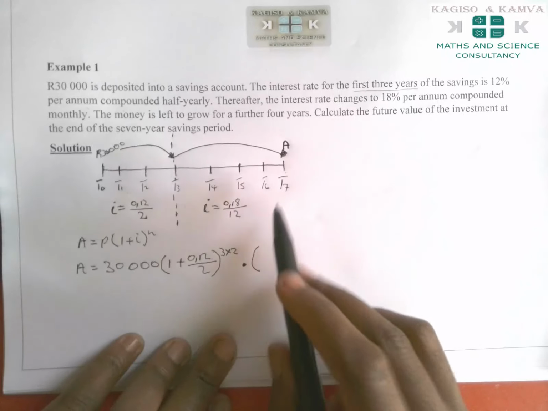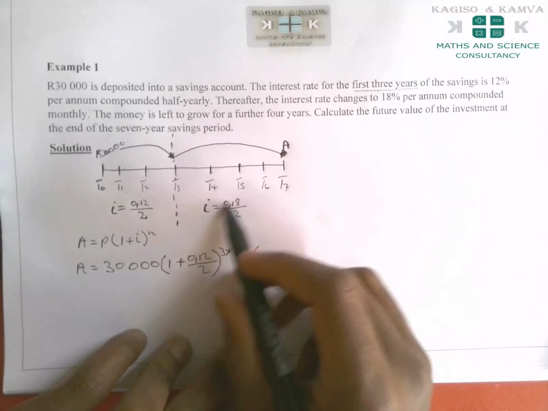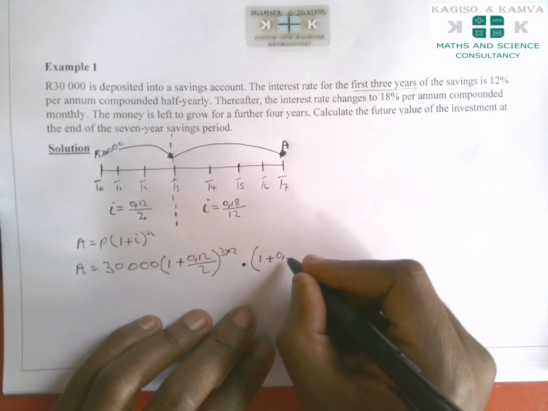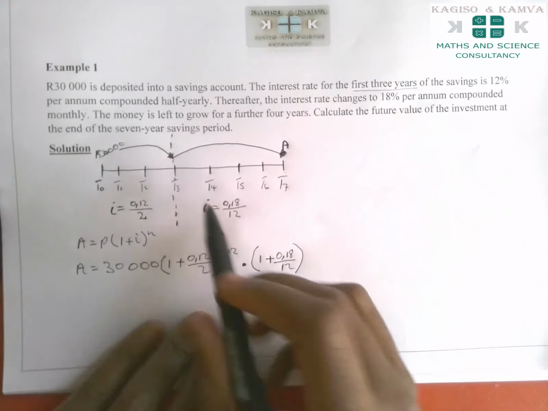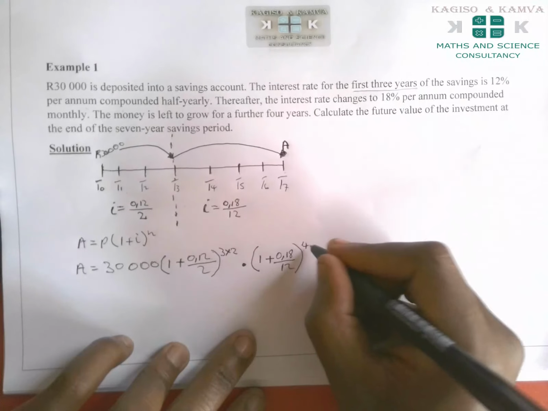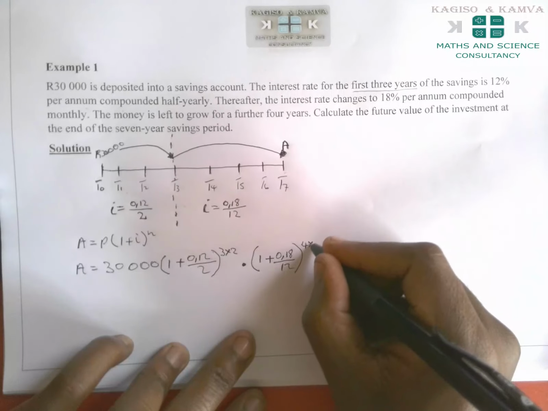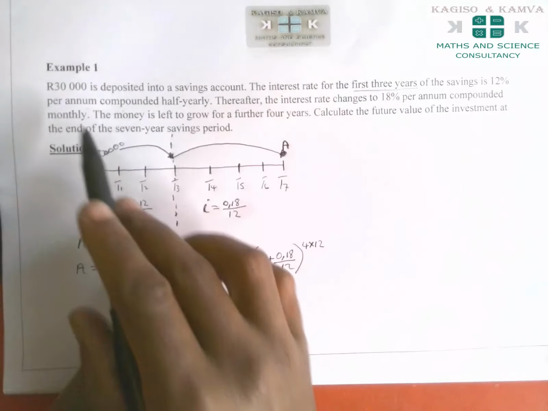For now we have 1 plus the interest rate, which is 0.18 divided by 12. For how many years now? For 4 years. Okay, this is going to be 4. So how many months in it? 4 years. So we're going to say times 12, because it is compounded monthly.